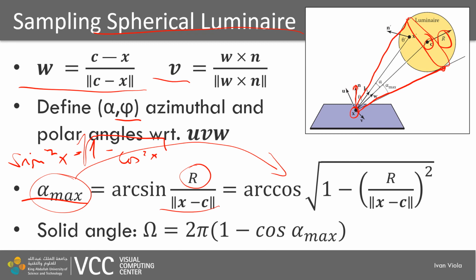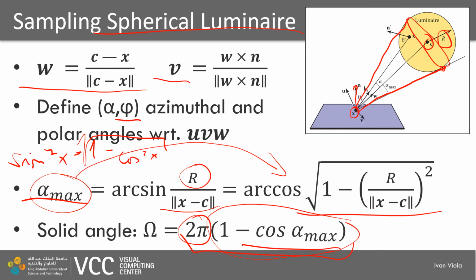So we just use this knowledge on formulating the alpha max in a slightly different way. For a solid angle calculation, we can use this formula in order to calculate the solid angle omega, where this is the 2 pi, the phi range of our solid angle, and here we have the component of our alpha, where we have a cosine of alpha max.